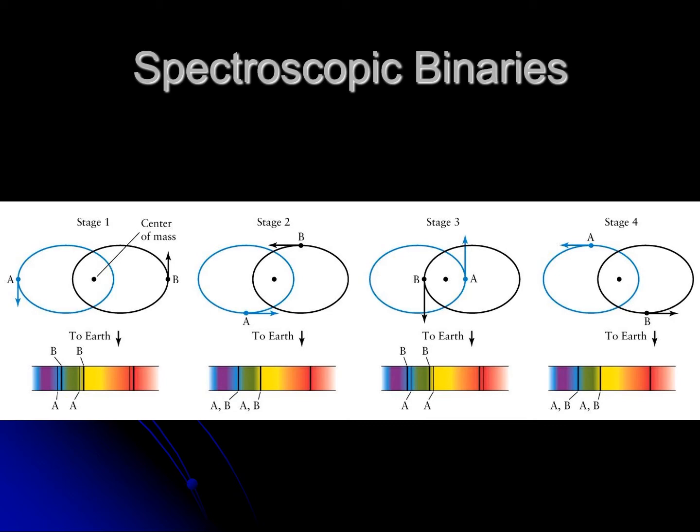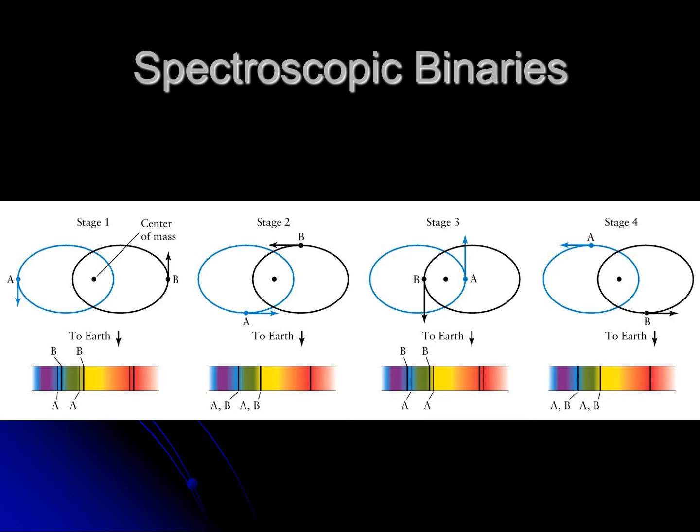In the diagram, one star's going towards you and one's going away from you. Then here, the stars are again opposite one another, but one's going to the left and one's going to the right, so they're not going towards or away from you.